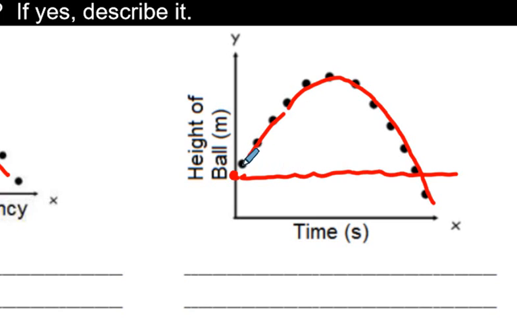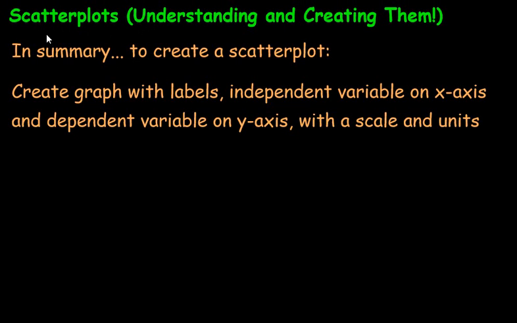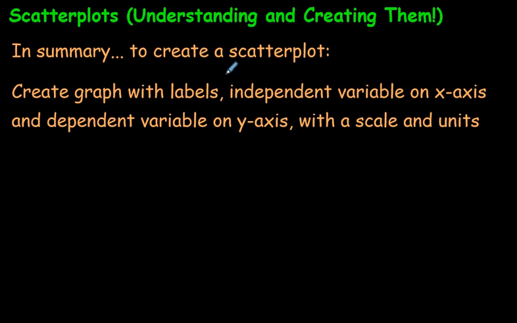But as far as the height of the ball, you can see that it went higher and higher, and then gravity took over and brought it back downwards again, as gravity tends to do to everything. So that is basically the relationship between those two. Generally, you don't see scatter plots like this. Usually we have lines that are drawn rather than just dots. But technically, that was a scatter plot, I guess.